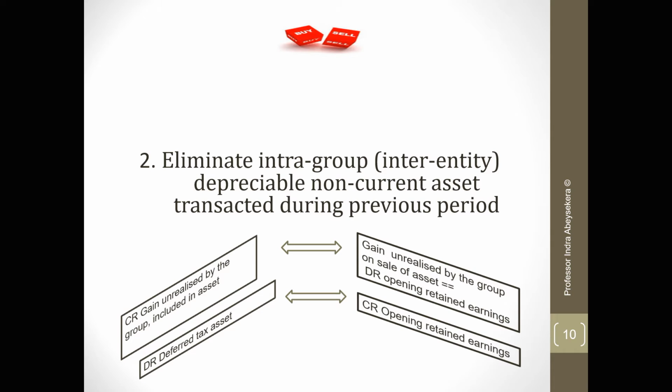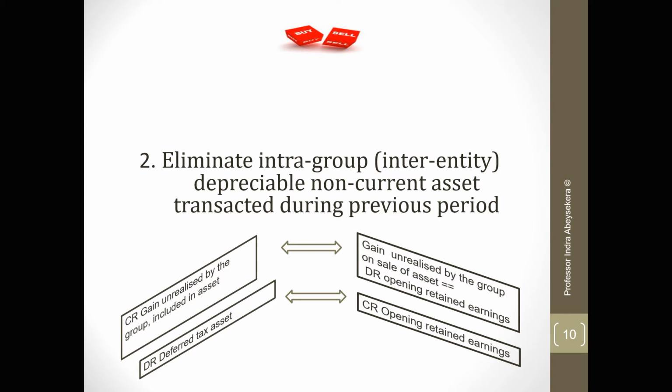Therefore, that gain on sale is included in the opening retained earnings. The overvaluation is an asset which is on the balance sheet, and that is still there on the asset.